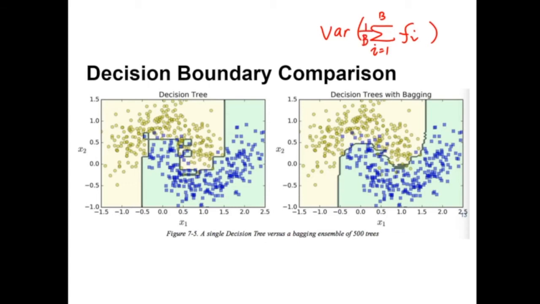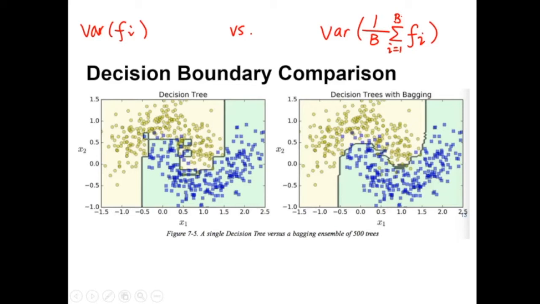So in fact, what we are comparing is the variance of each Fi versus the variance of this mean case, 1 over B summation of Fi from 1 to B.